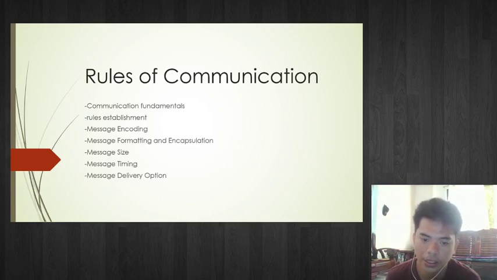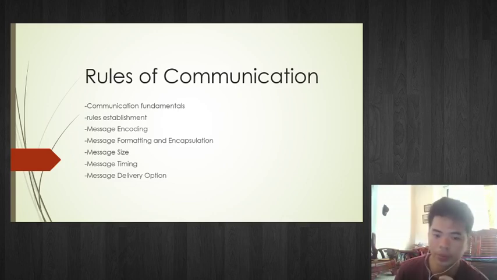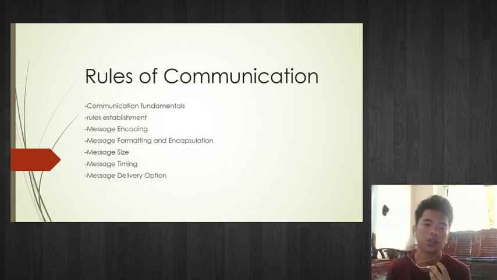If a person asks a question and does not hear a response within an acceptable amount of time, the person assumes that no answer is coming and acts accordingly. The person may repeat the question or may go on with the conversation. Hosts on a network also have rules that specify how long to wait for a response and what action to take if a timeout occurs. So that is all about message timing.